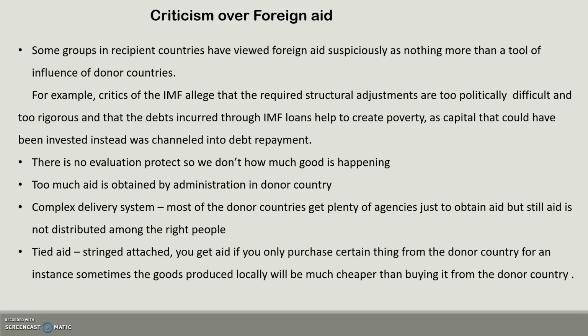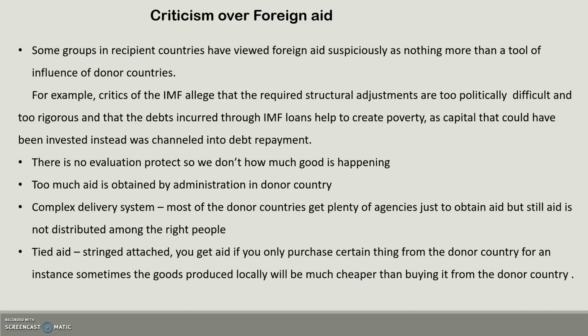Sometimes I would say you have to, for example, increase the time students study in their college studies. So sometimes it is too hard for the country politically to control this, or to accept all these laws. There is no evaluation protocol, so we don't know how much good is happening.